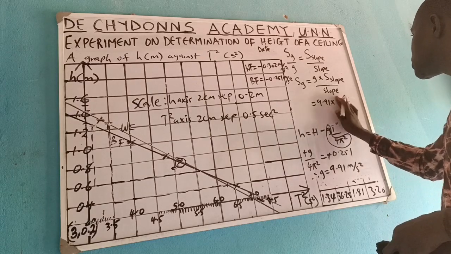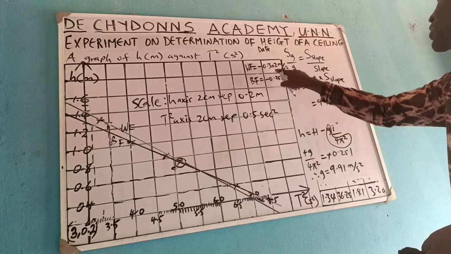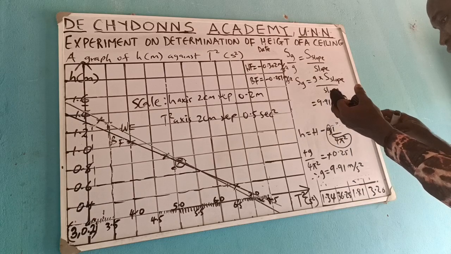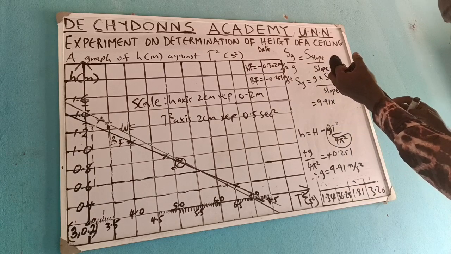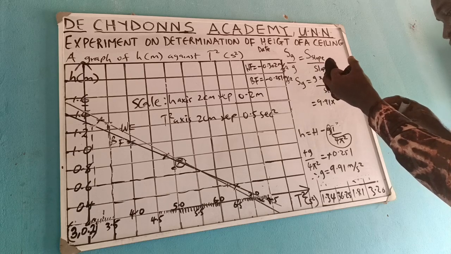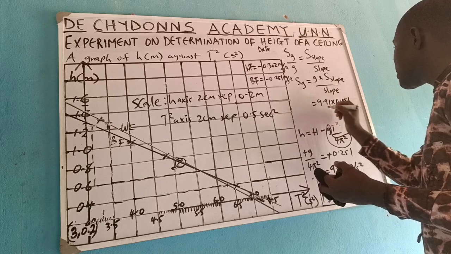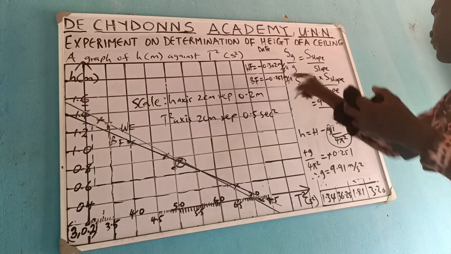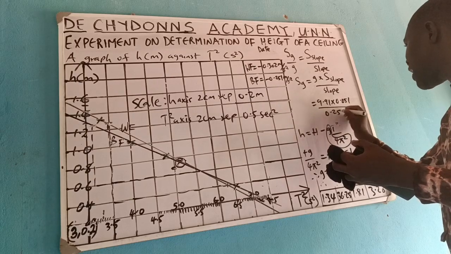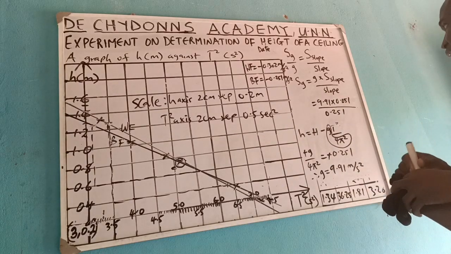The error in slope was this minus this, right? 0.302 minus 0.251, so 0.051 all over, what is your slope itself? 0.251. We neglect the negative sign.